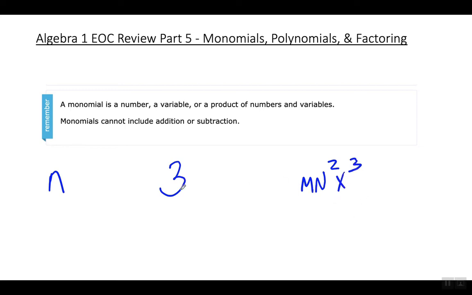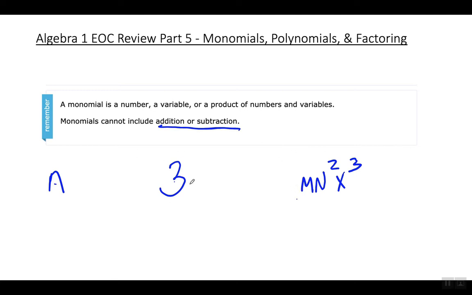It's basically a number or a variable or numbers and variables together that aren't separated by addition or subtraction. All right, so I'll say it again. A monomial is either a number, a variable, or a product of numbers and variables that do not include any addition or subtraction.